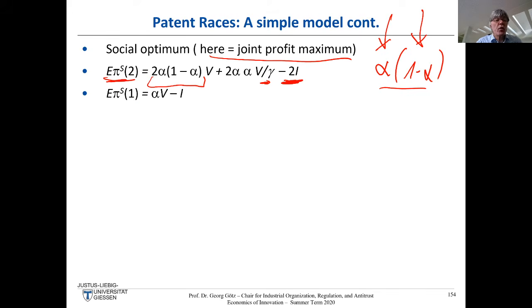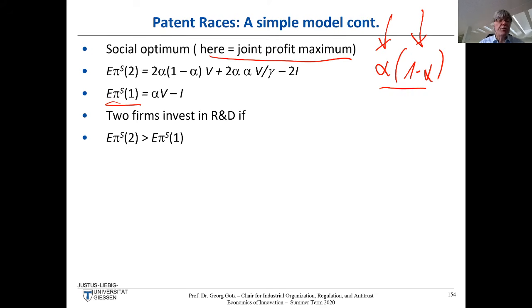Okay, so under what circumstance will our Ford headquarter run 2 R&D laboratories? Well, we know what the profit is if you run only 1 R&D laboratory. That's what we just derived. It's alpha times V minus I. And now the point is, you want to have 2 R&D laboratories operating if the profit from having the 2 R&D laboratories is greater than the profit from only having 1.